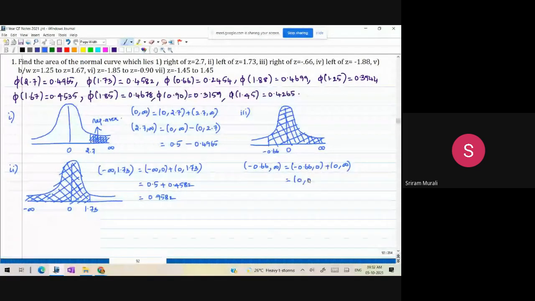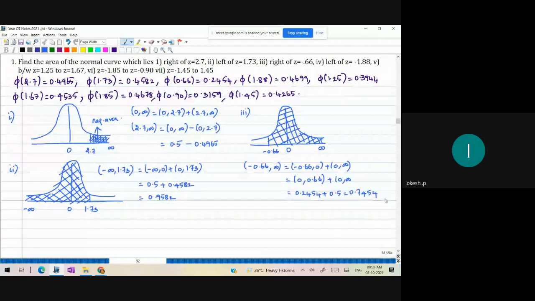If you change the direction, the sign changes. 0 to 0.66 is 0.2454, plus 0.5 gives 0.7454. If you convert to 100, it means 74% is okay and 26% has some flaw or shortcoming.